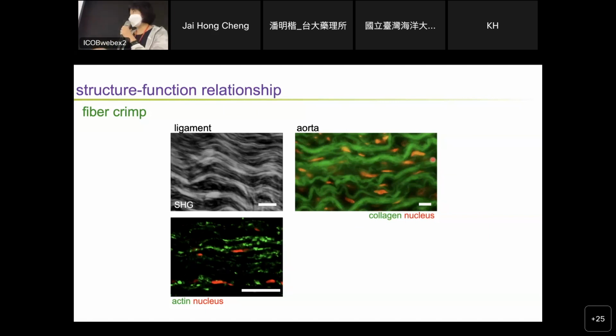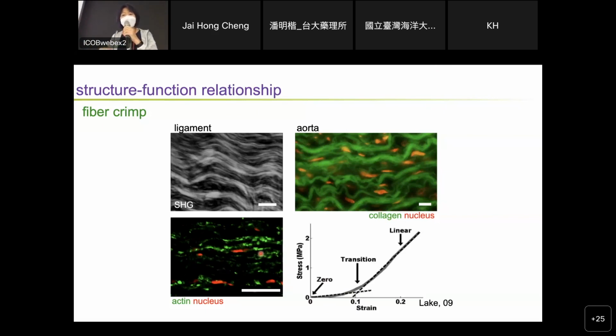You can appreciate in these, the red dots are cell nuclei. Here is also nucleus, and the green here is cell skeleton. So the cells that live in these tissues also follow these wavy structures. So the function of these structures is mechanical.